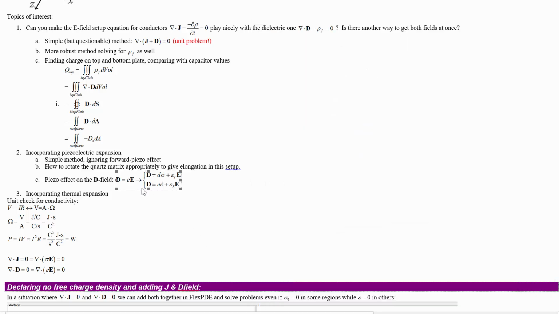So to deal with that, we're going to need to technically modify what we were doing to find the D field from just permittivity times E field to something that includes either the D matrix multiplied by sigma and then epsilon T times E, or the E matrix times epsilon plus epsilon S times E.